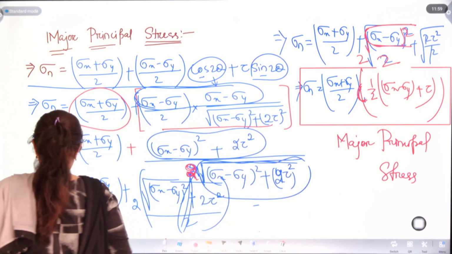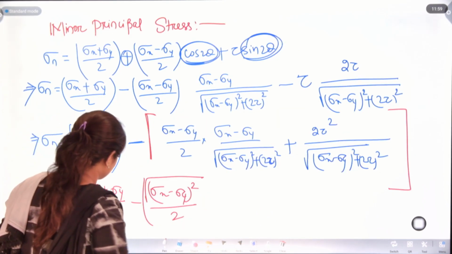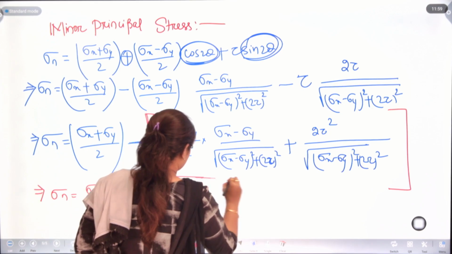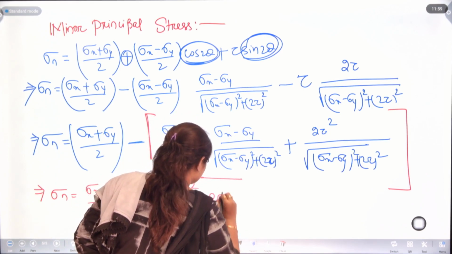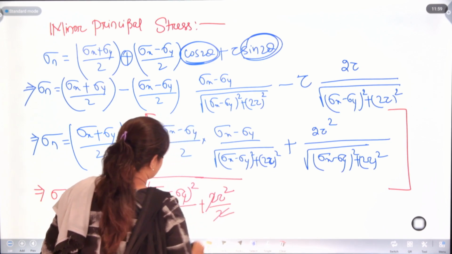So, we have the equation as, if we are just taking this like this, there will be no issue, 2 tau square and got this.